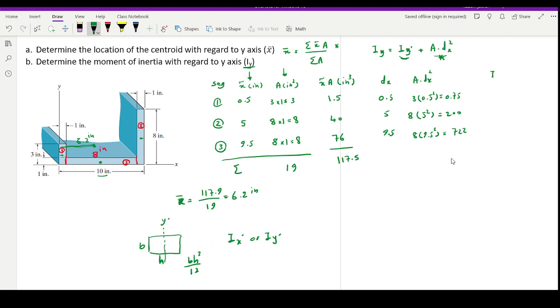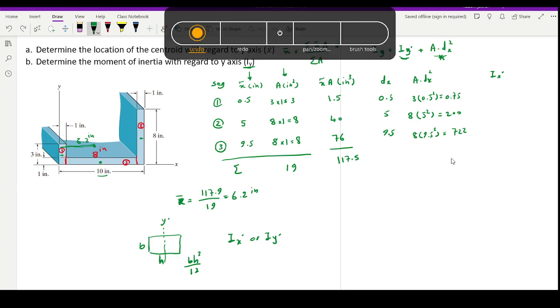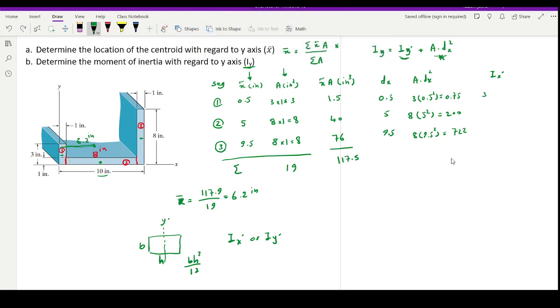Therefore, for this one, I'm writing in here Iy prime. For the first figure, which is this figure in here, it's going to be equal, b is 3 times 1, the height is 1, cube divided by 12. And if you solve it, it's going to be 0.25 because it's 1 over 4.